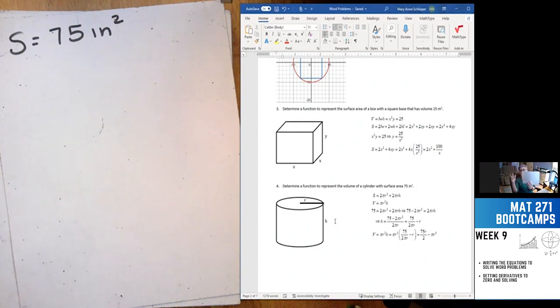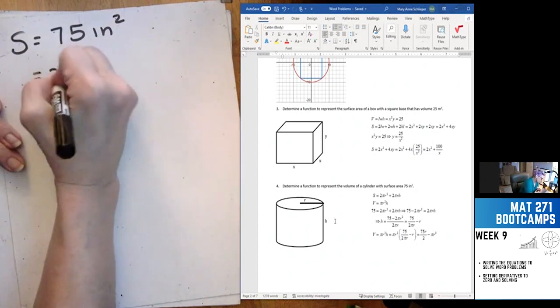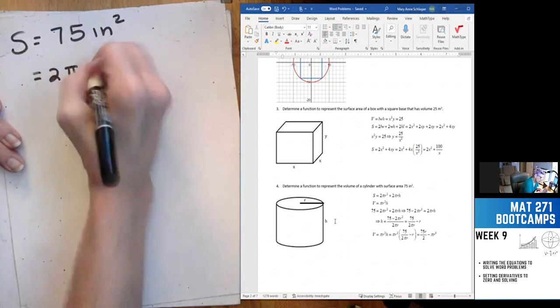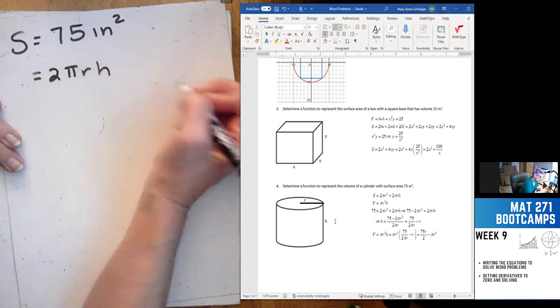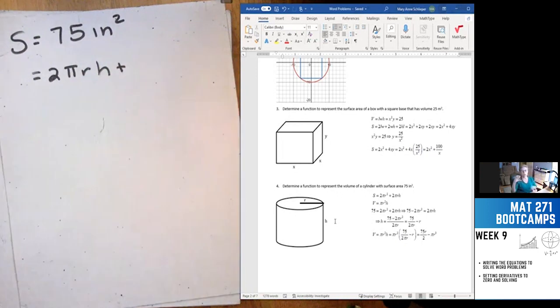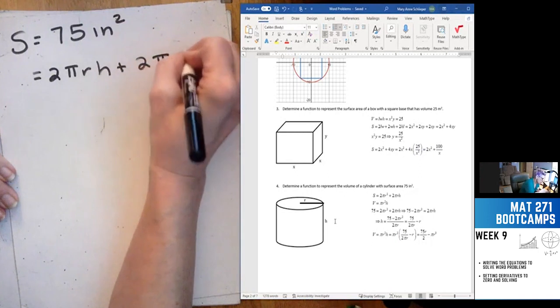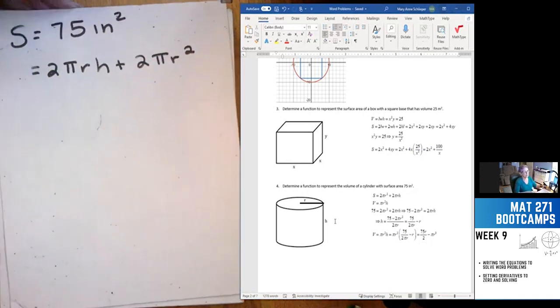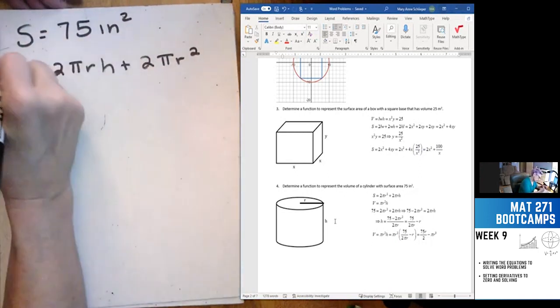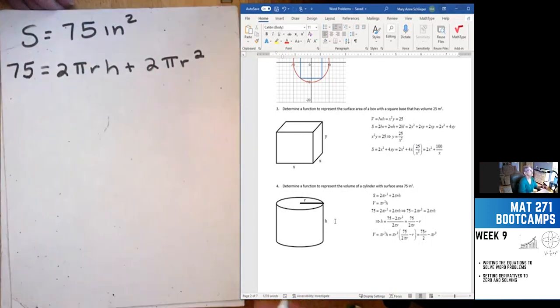If you undo it, you have the circumference of the cylinder as the width of the rectangle times the height. So for the outsides, it's equal to 2 pi r, the circumference, times the height. And then you have a circle on each end. So 2 times pi r squared. So that's where that comes from. That has to be equal to 75.